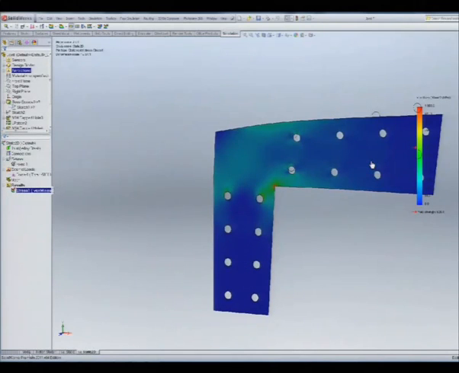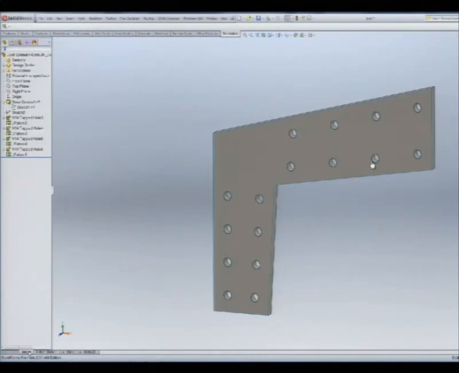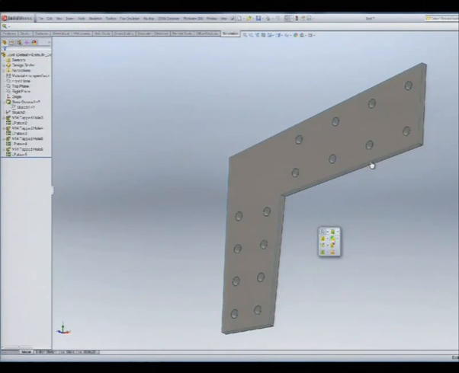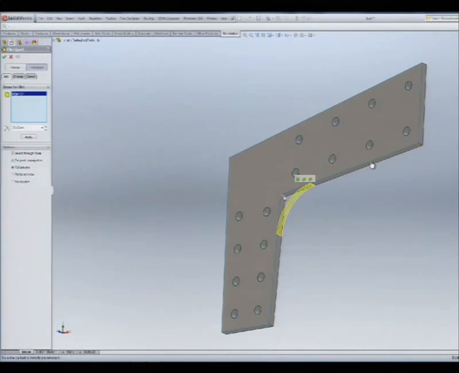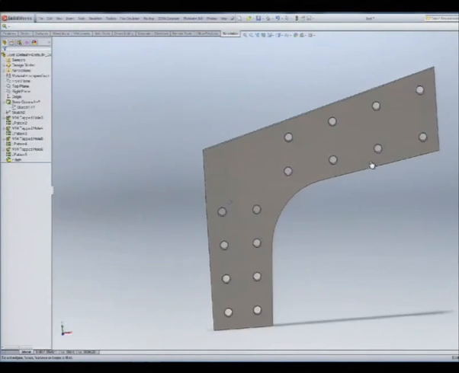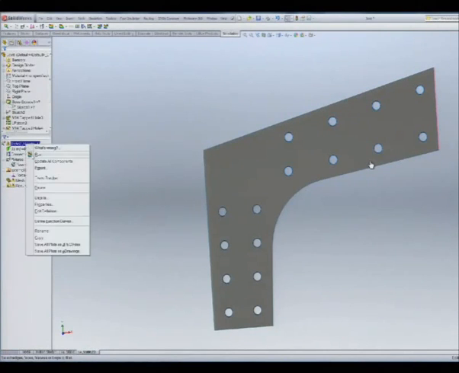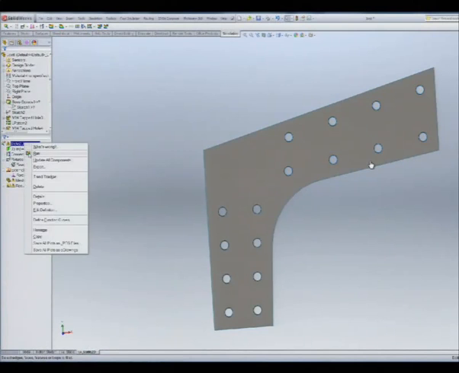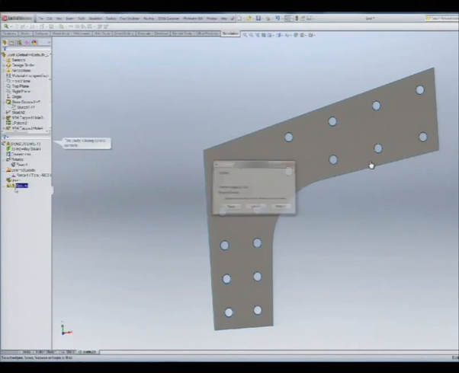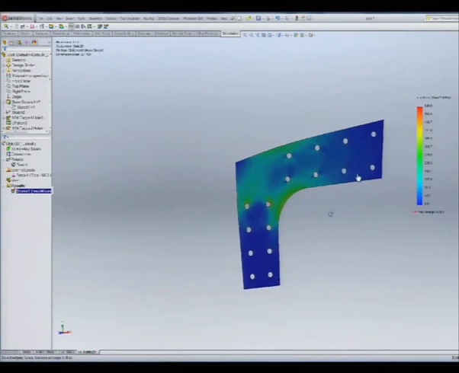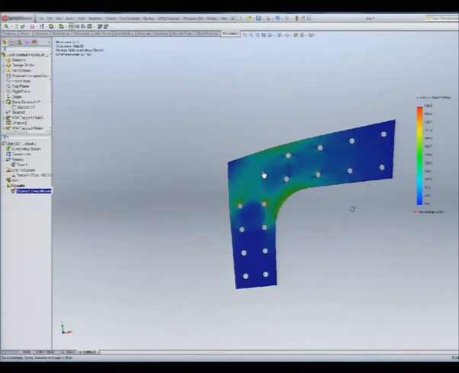So we come back to the geometrical model, and I added a 100 millimeter fillet. I go back to the study and run again. The yield stress is more or less 600 megapascals, and what I get here is 550.